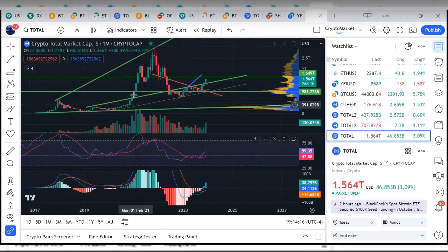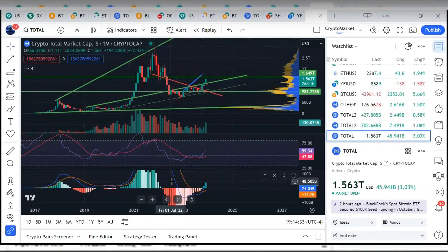So if you notice in the last bull run, this was in 2020, this is how the bull run started, right? Notice all these green candles. And here is what we call the MACD indicator. This indicator practically determines how money is coming into the market. Once it's green, that means there is plenty of money in the market.